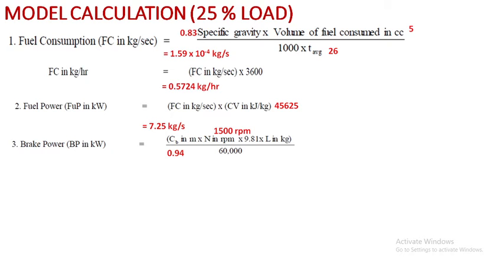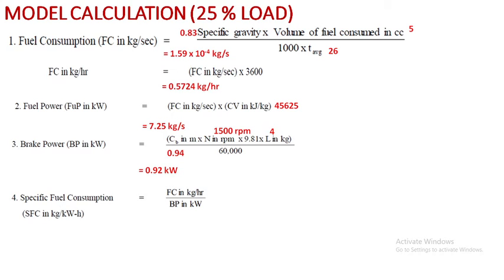L in kg, for us, is 4 kg. In case you are doing the calculation for 50% or 75%, here your load may vary. Okay, next find out the answer for this brake power.